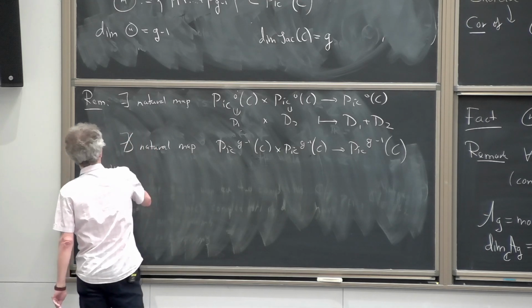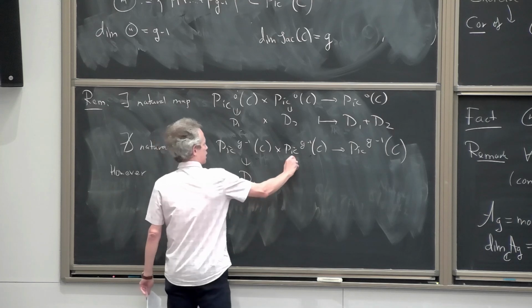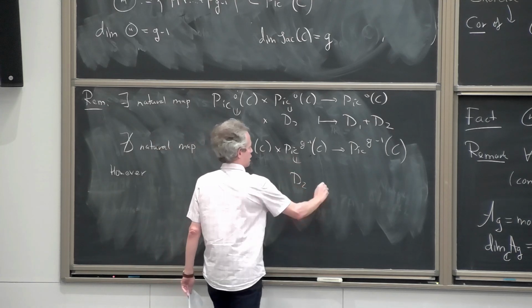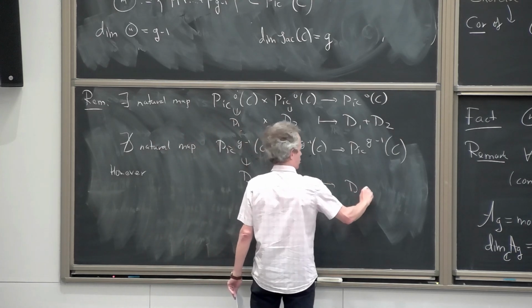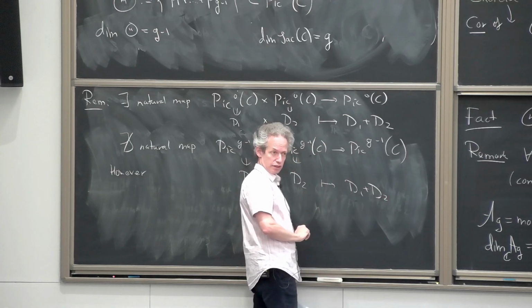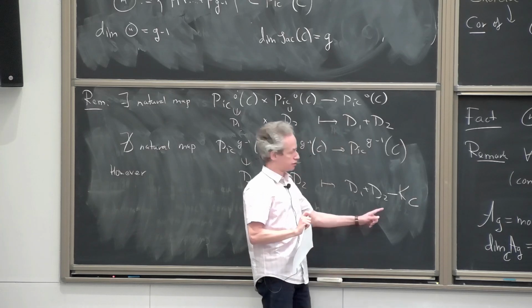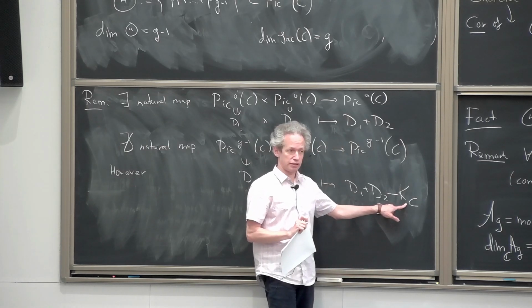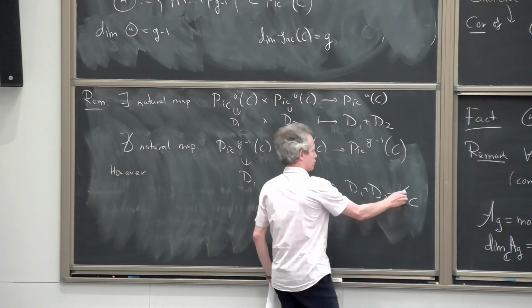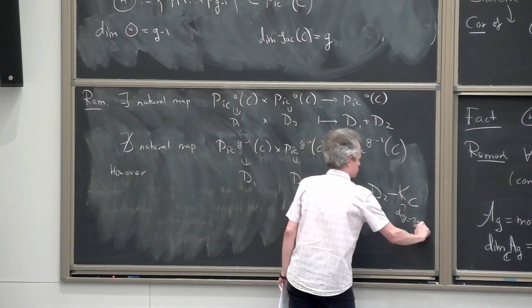However, I can do the following. If I take a divisor D1 here and a divisor D2 here, I can consider D1 plus D2. That's a divisor of degree 2g-2. And I can subtract from this the canonical divisor of the curve. The canonical divisor is the divisor of any holomorphic differential in the curve. So this has degree 2g-2.